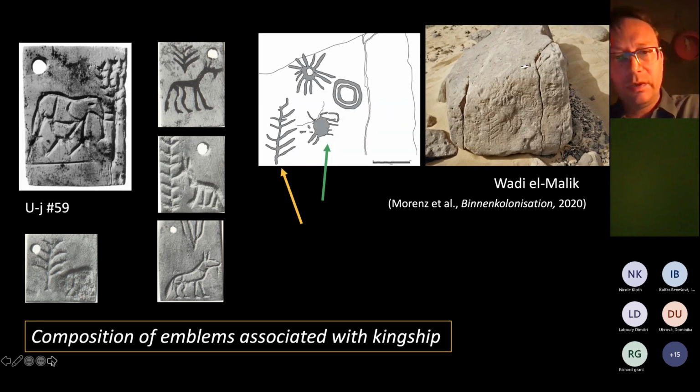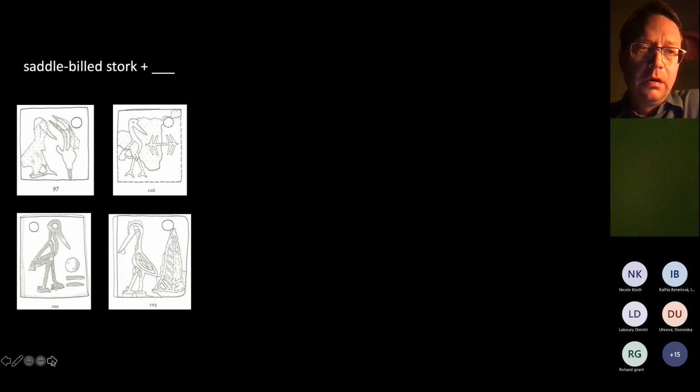And here you have it associated with the scorpion and the rosette, all of which are symbols of kingship at the time, in this newly discovered inscription of the Wadi al-Malik, just northeast of Aswan. So here we really have emblems, and the plants themselves are emblems, that are composed with one another. So there is composition of emblems associated with kingship.